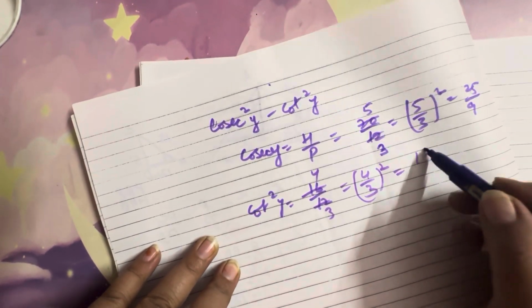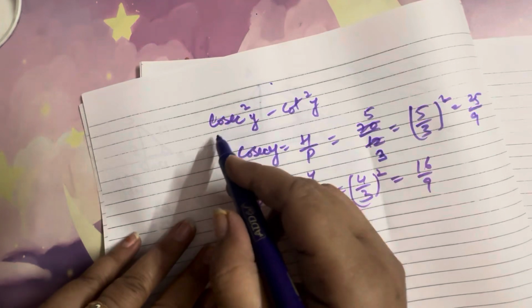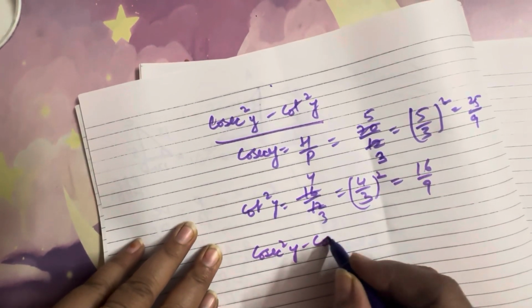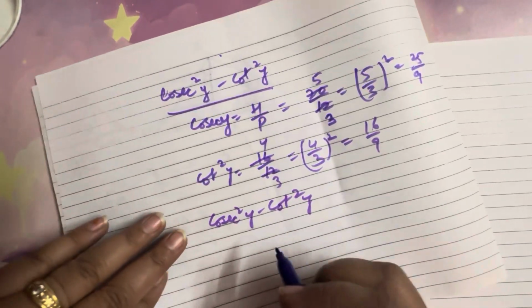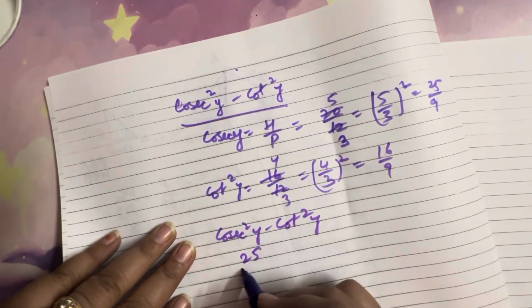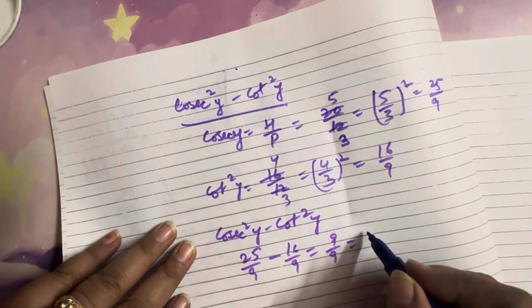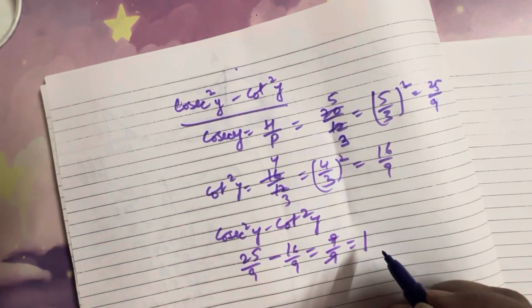That is equal to 16/9. So according to this question, cosec square y minus cot square y will be equal to 25/9 minus 16/9, that is 9/9, and it is equal to 1.